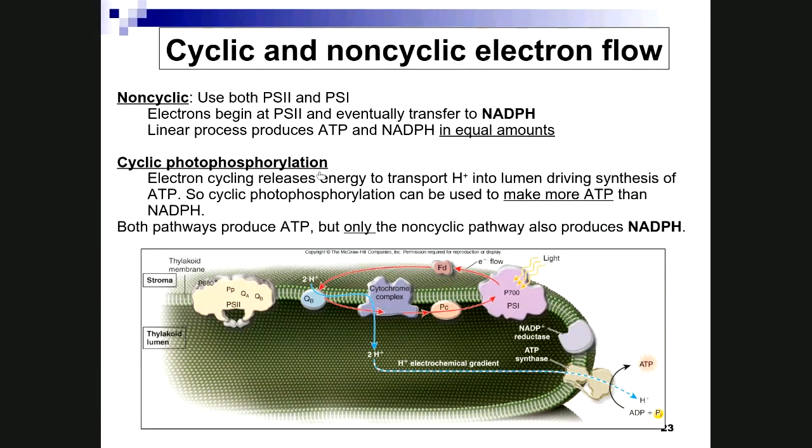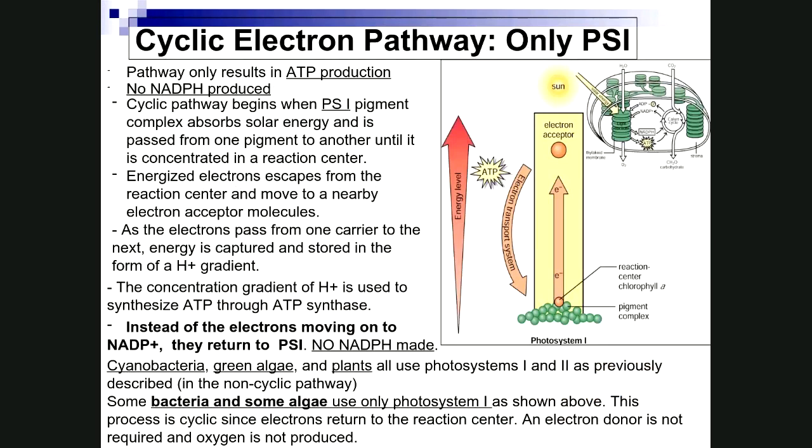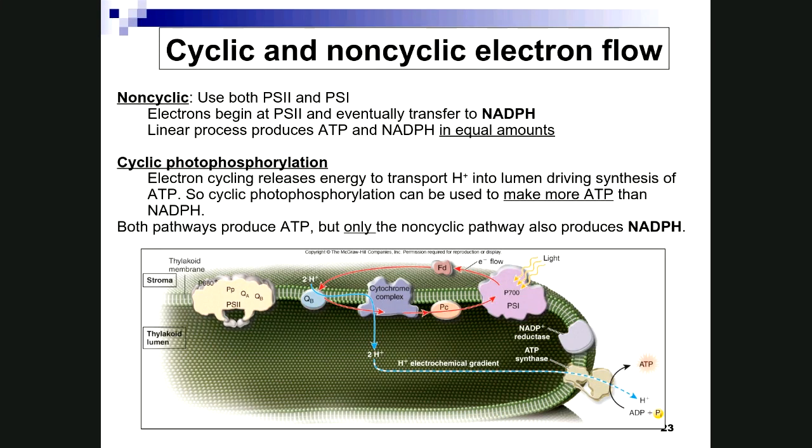So in a cyclic cycle, let me just go to the next part here. This is photosystem 1. Normally at photosystem 1, let me go back here to the original slide.